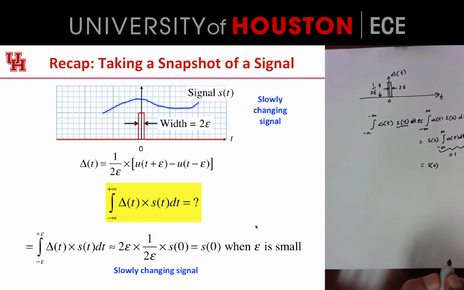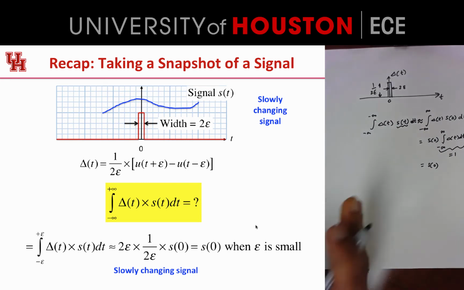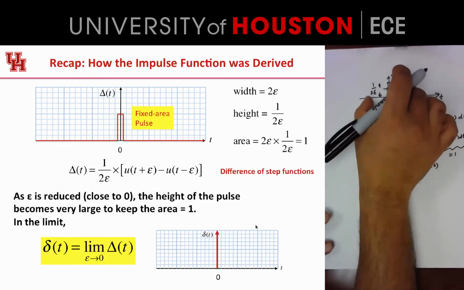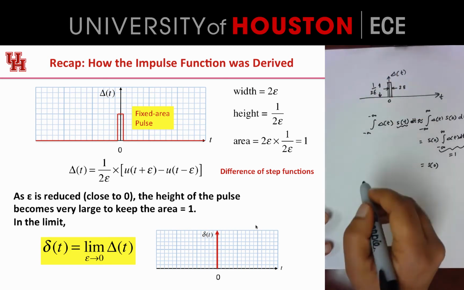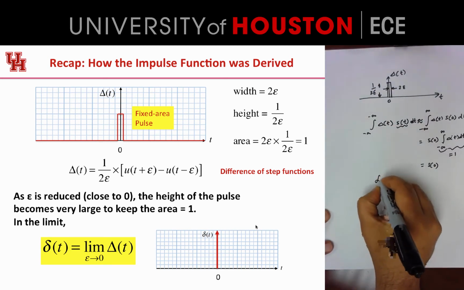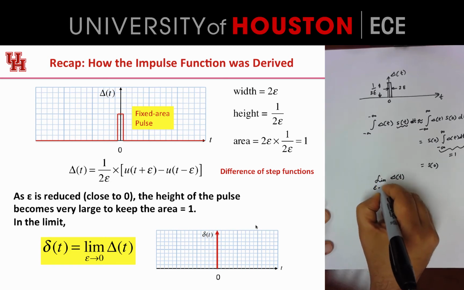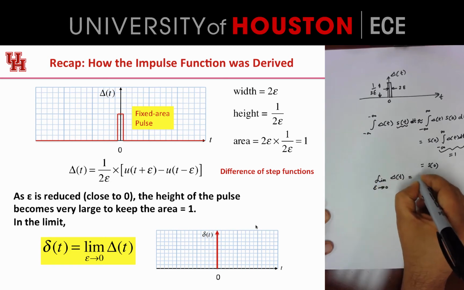So this is the idea of taking a snapshot of the signal s of t at a certain point in time. In this case, at time t equals 0. Now, as epsilon is driven close to 0, the limit of delta of t as epsilon tends to 0 is basically delta of t.